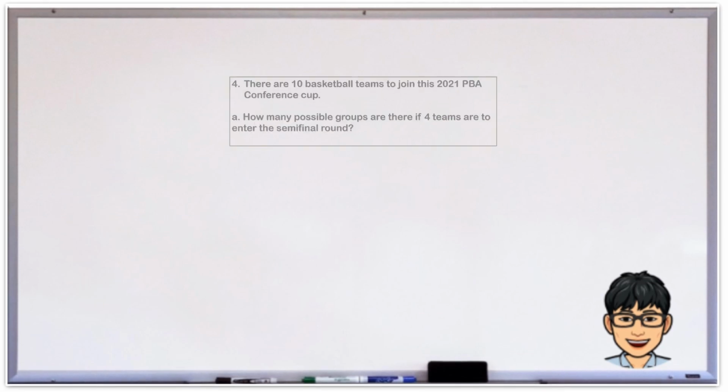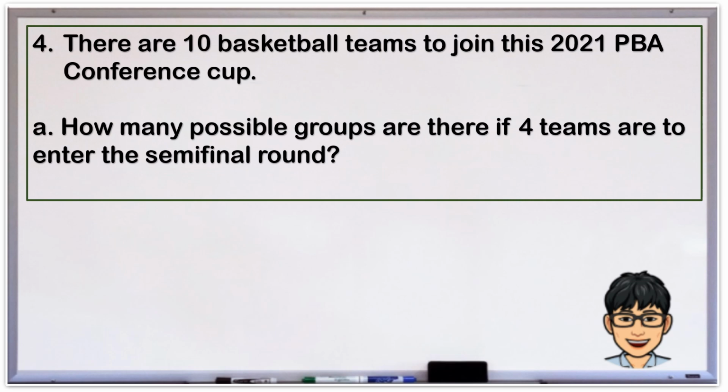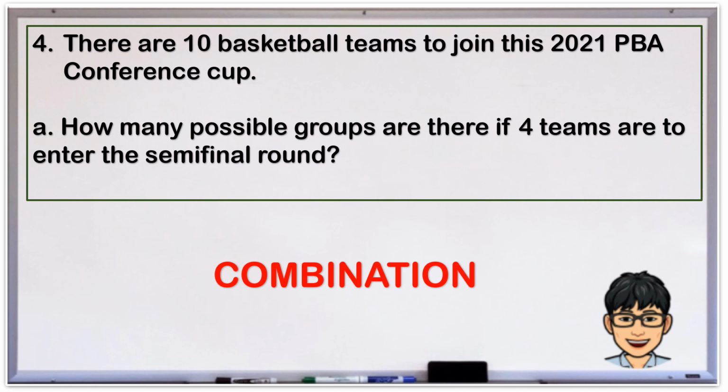Next problem. There are 10 basketball teams to join this 2021 PBA Conference Cup. How many possible groups are there if 4 teams are to enter the semi-final round? If you think this problem is about combination, again, you are correct.